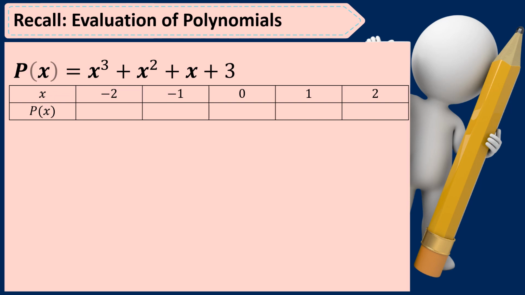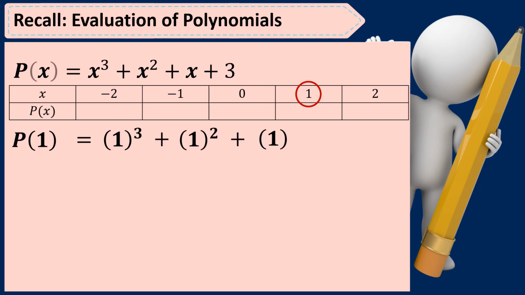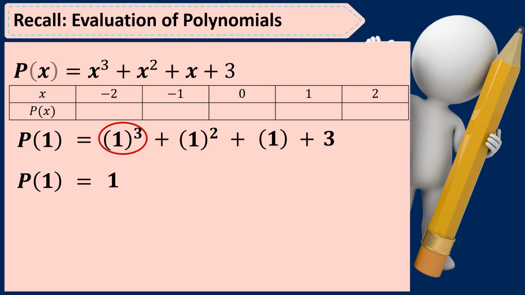We proceed. So now we solve for p of 1. P of 1 is equal to the cube of +1 plus the square of 1 plus 1 plus 3. The cube of 1 is 1.